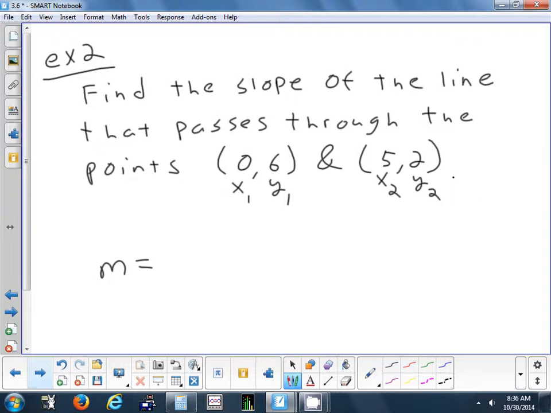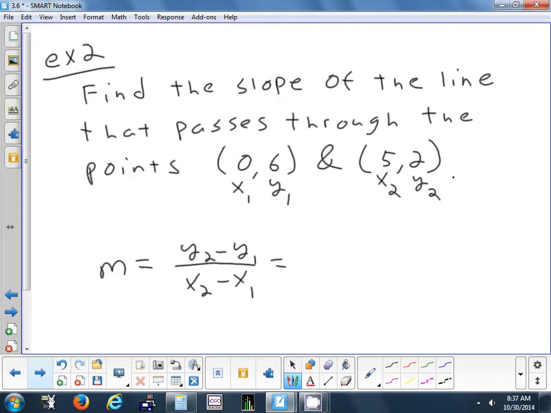So slope. What goes in the top? You don't have to give me the numbers yet. Just tell me, what goes in the top? y2 minus y1. And the bottom is x2 minus x1. Okay, so just fill them in.